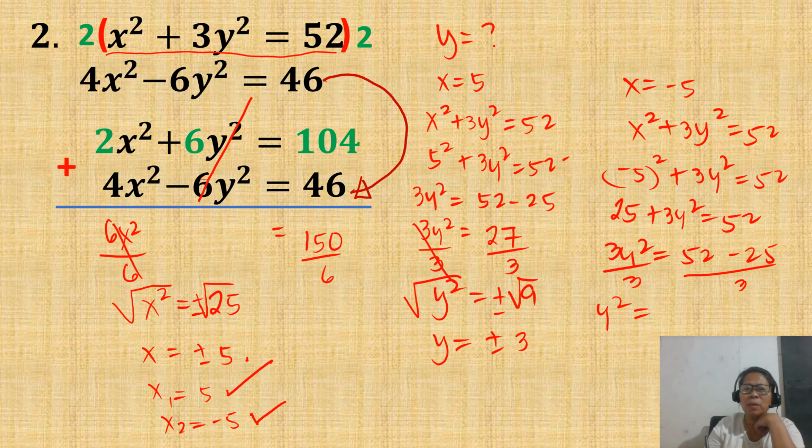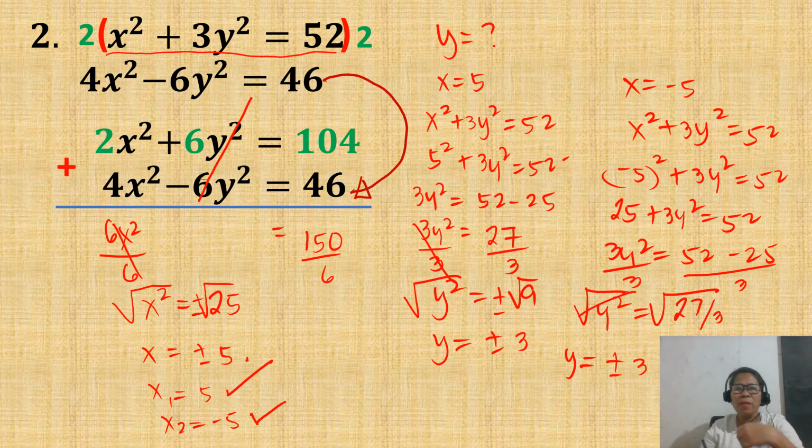Y squared is equal to 27 over 3. Thus, the y values are the square root of 9, which are positive and negative 3.